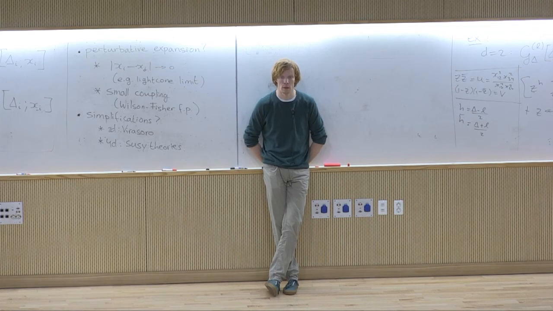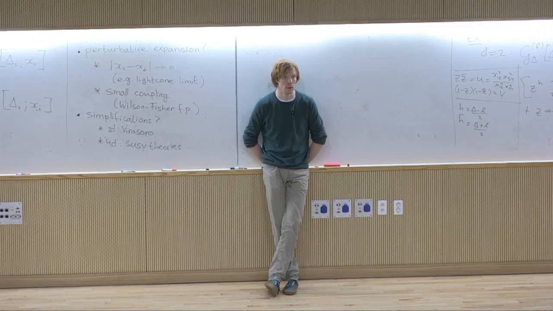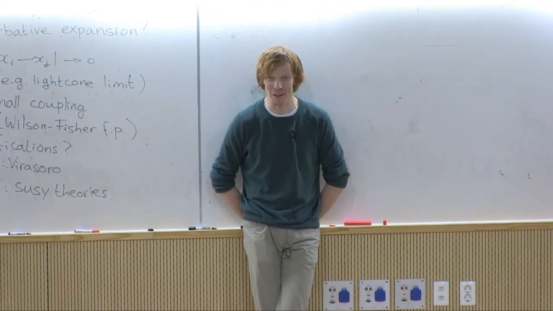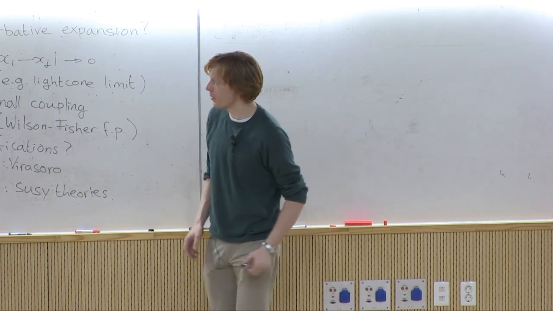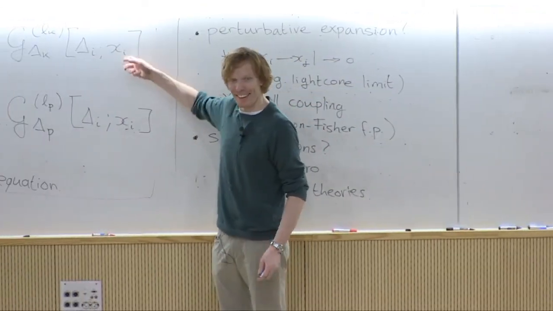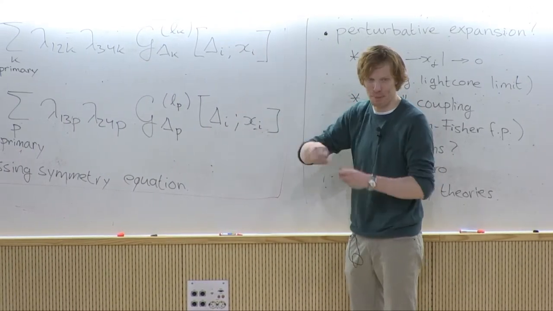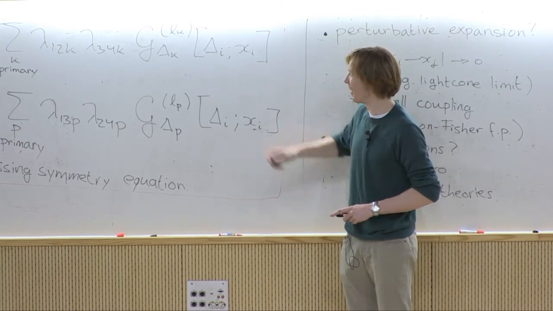Another question: is there any intrinsic difference between the Euclidean signature and Lorentzian signature when we use the conformal bootstrap? Yeah, in Lorentzian signature you can derive new results, for example from the light cone limit, but there's also a thing called the Regge limit and so on. There's no fundamental difference. It's just analytic continuation of these equations to different points. If you take the x's complex in the right fashion, then you're in Lorentzian signature.